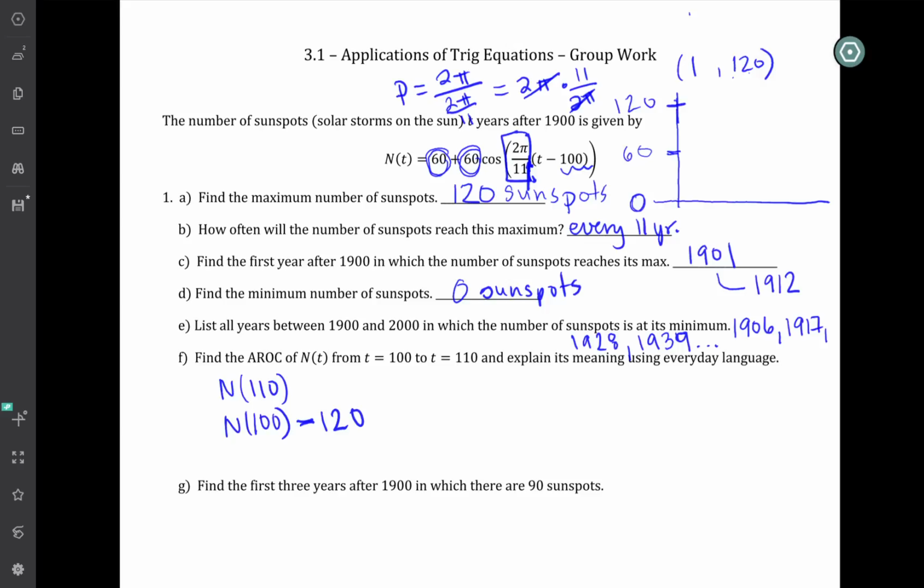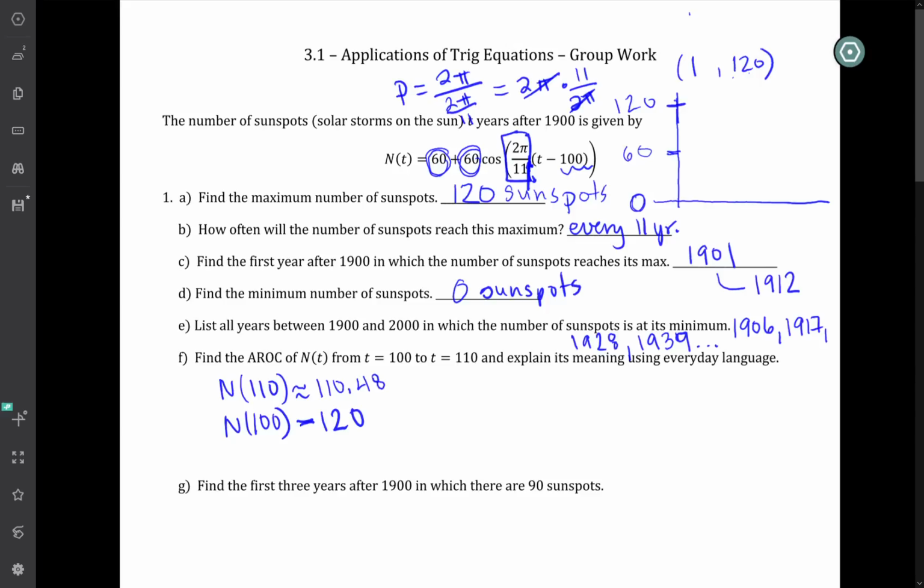I think I do. Okay, so I need 60 plus 60 times cosine of 2 pi over 11 multiplied by 10. Okay, do I have all of it? I think so. And I got roughly 110.48.